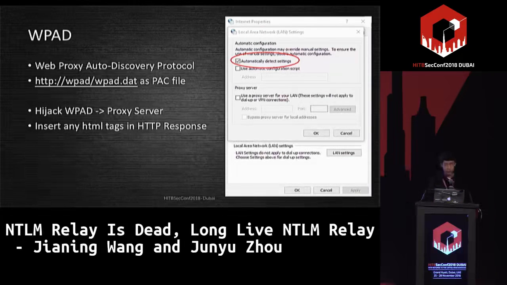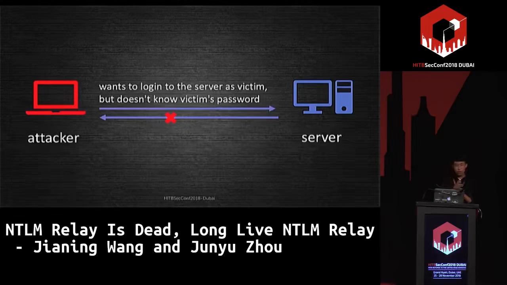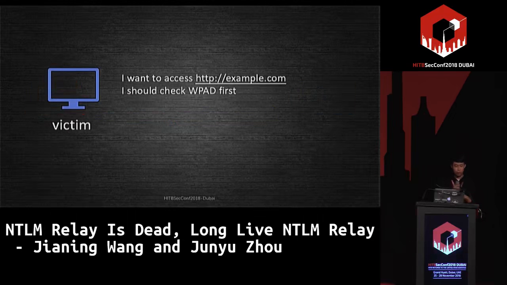Okay. Based on this basic knowledge, let's see a typical NTLM relay attack. What does this look like? First, the attacker wants to log into the server as the victim, but the attacker doesn't know the victim's password. So the server denies the login of the attacker. And the attacker waits until the victim wants to access example.com, and it will check WPAD first.